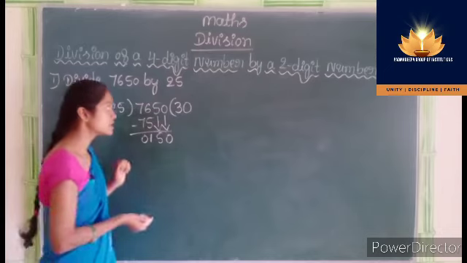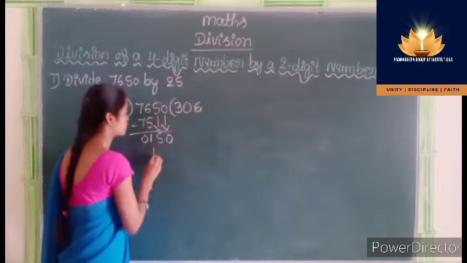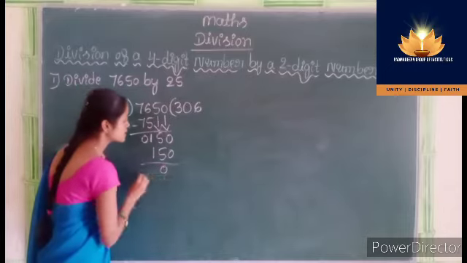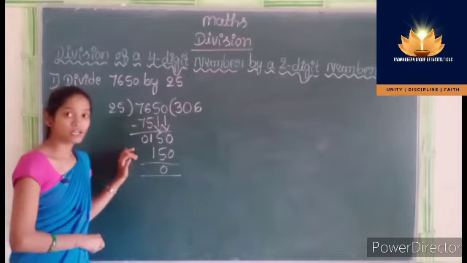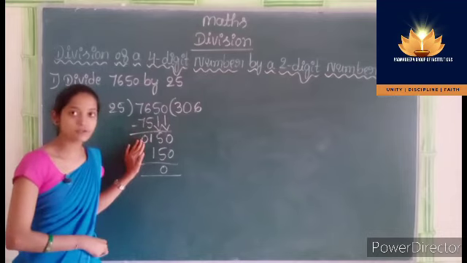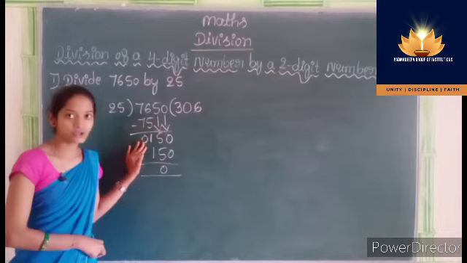So we have to consider 6. 150 minus 150, that is 0. Let us verify the division using the relation, that is dividend is equal to divisor into quotient plus remainder.